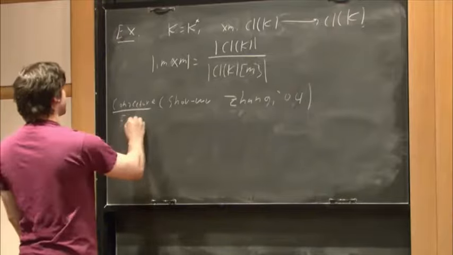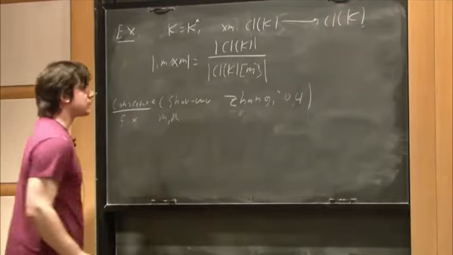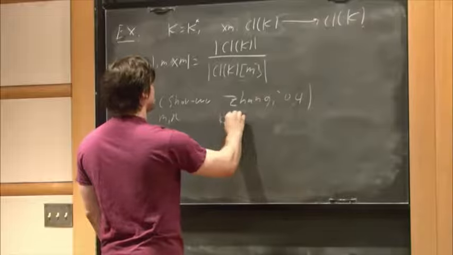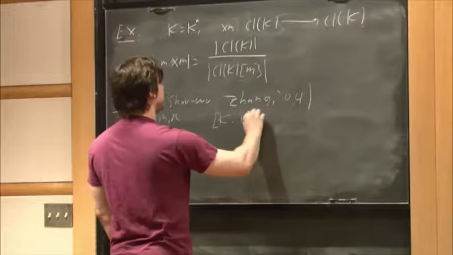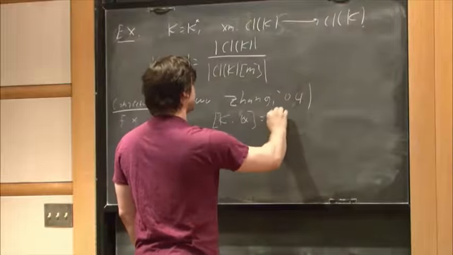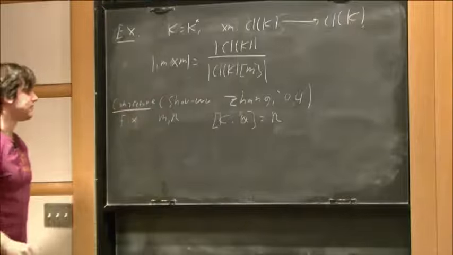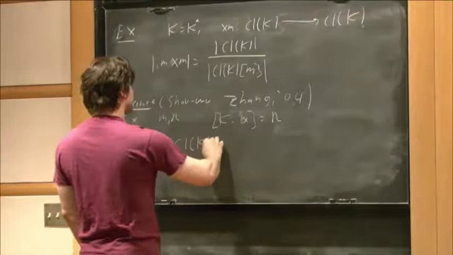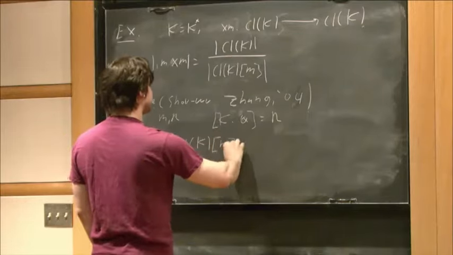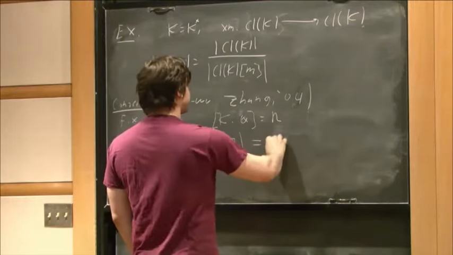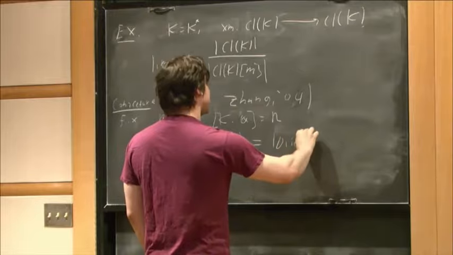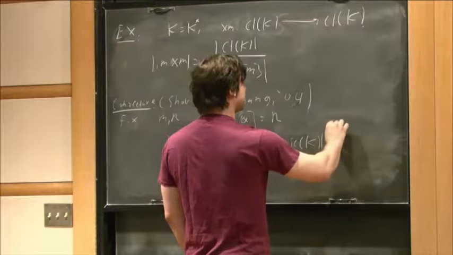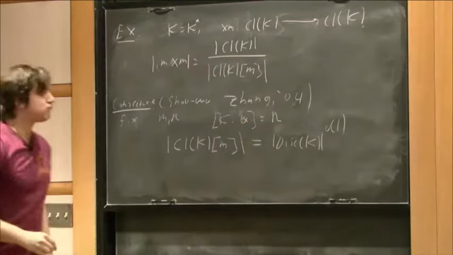So fix M and N, and let K be a field of degree N over Q. Then if you look at the size of the M torsion in the class group of K, this grows subpolynomially in the discriminant of K. OK?